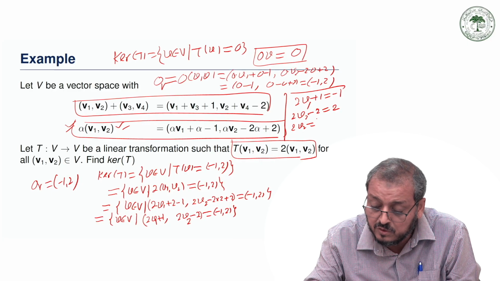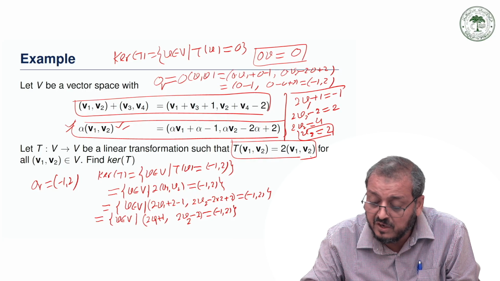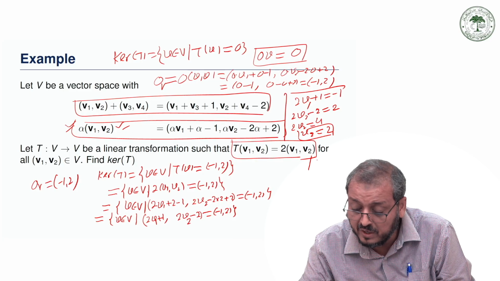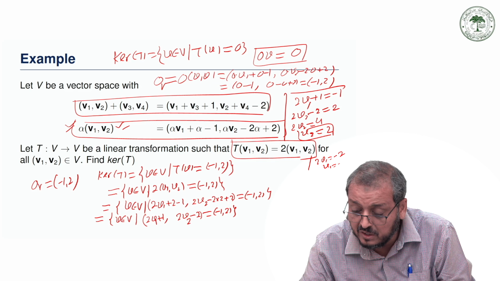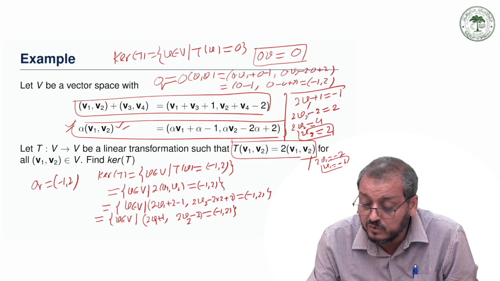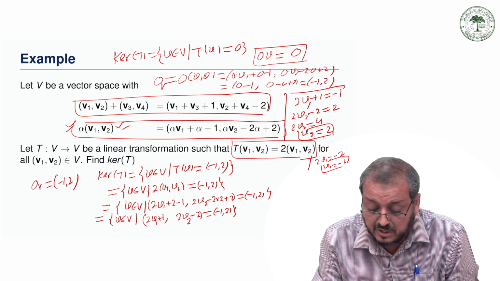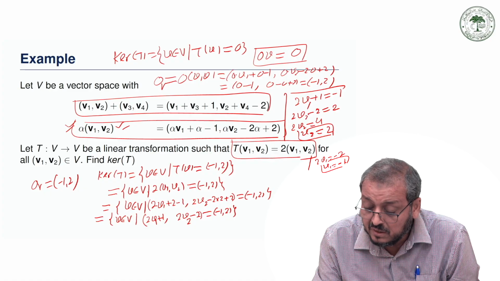Then we calculate V1: 2V1 is equal to minus 2, so V1 is equal to minus 1. So V1 is equal to minus 1 and V2 is equal to 2.